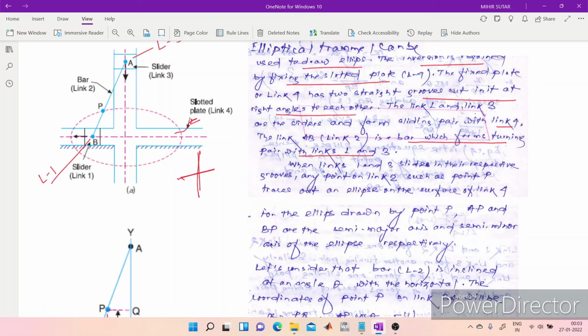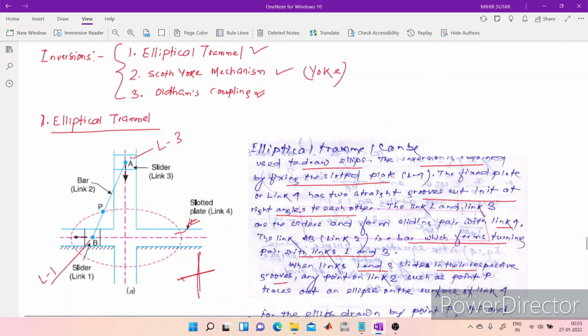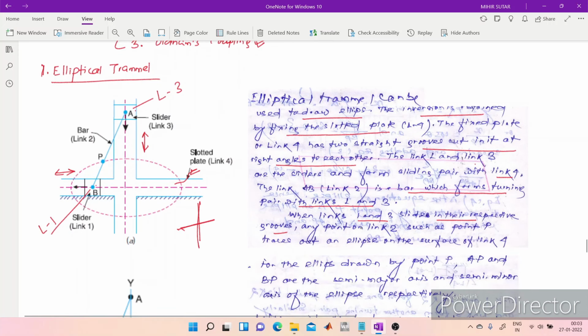So, when link 1 and 3 slide in their respective grooves, when these two sliders, slider 1 and slider 3, slide in the respective grooves, here and here, any point on this link 2, such as point P, for example, will trace an ellipse on the surface of link 4.